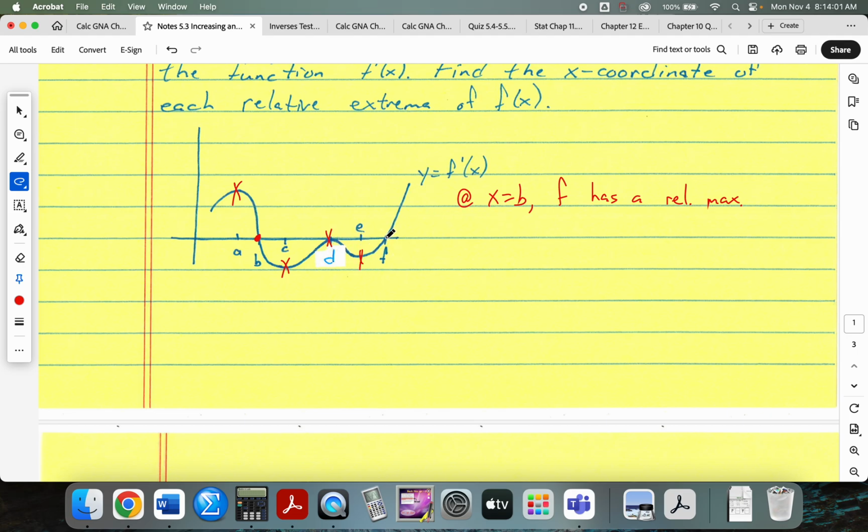Not at E. What about at F? Yes. What do we have? Yeah, f has a relative minimum because the derivative changed from negative to positive. And these are kinds of questions that they ask you to justify a lot. You have to get used to saying that.